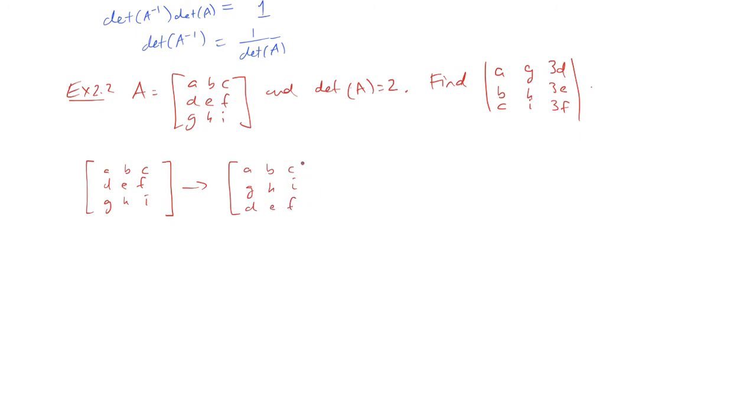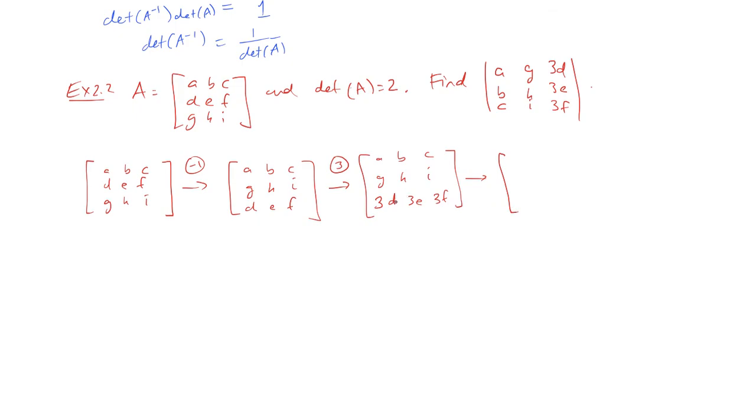And when we swap rows, the determinant gets a negative sign. All right, then we have the third row is going to get multiplied by 3. And we scale, the determinant's changed by that scaling factor. We multiply by 3.